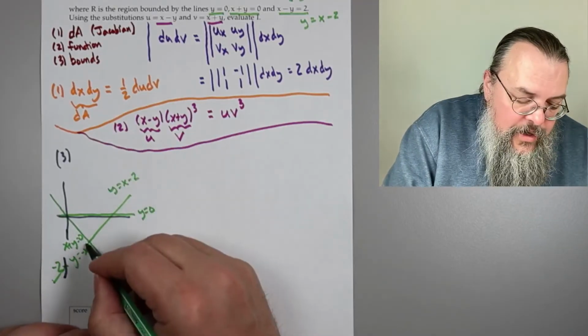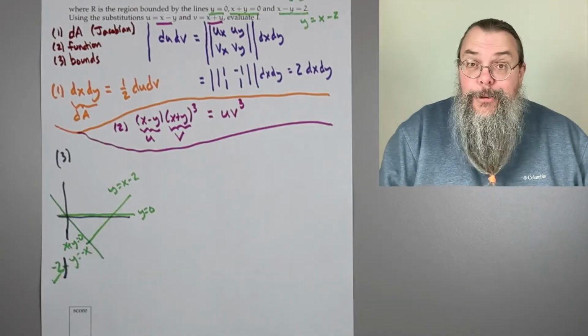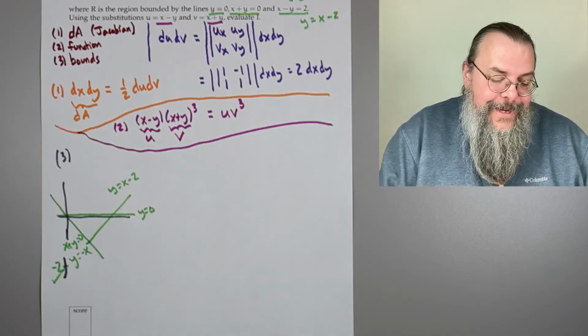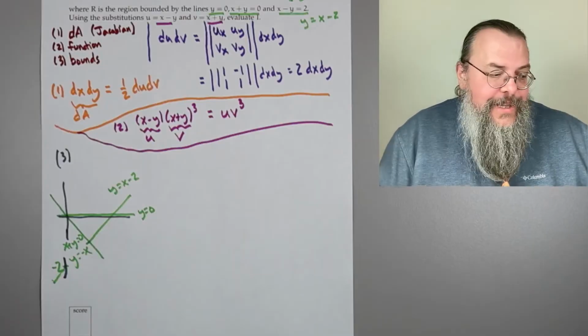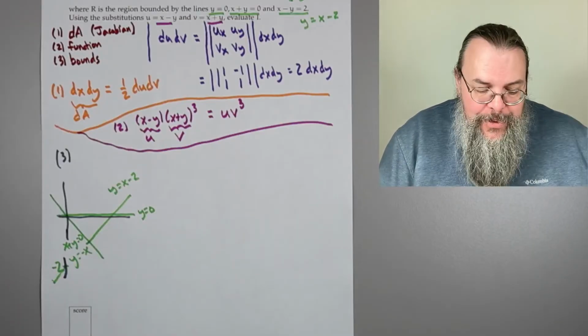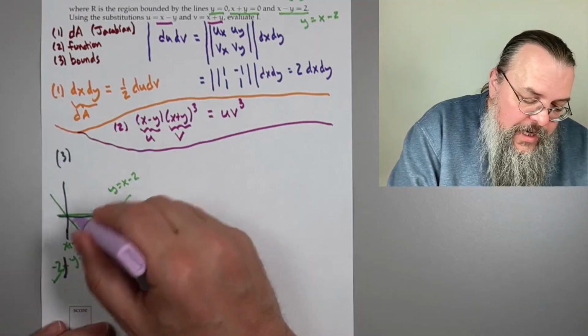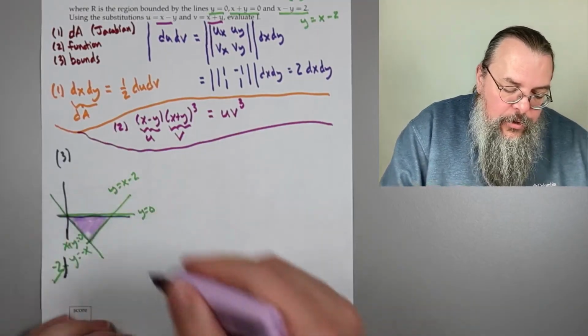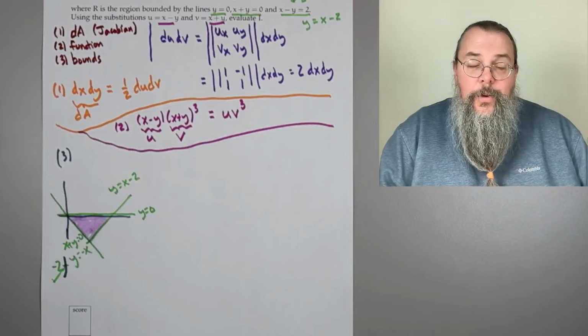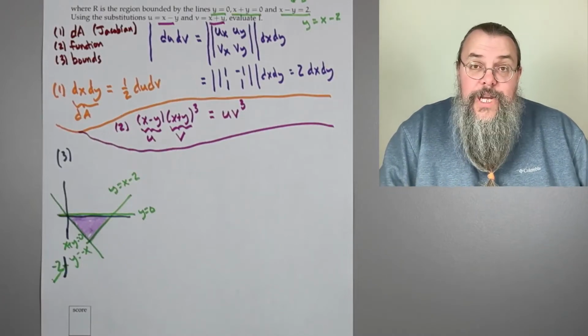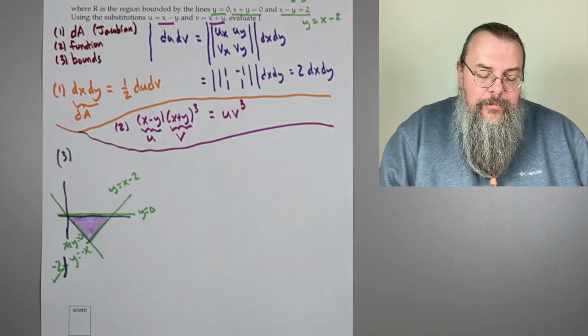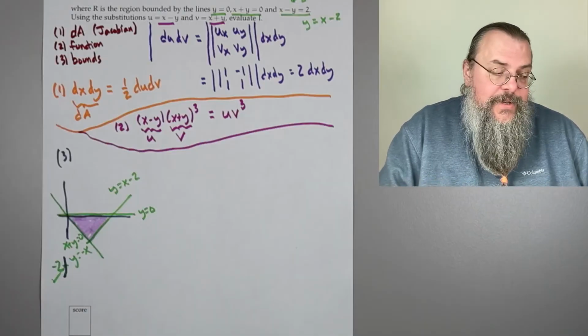And now we see that there is a shape that's been bounded here. So we have this triangle.